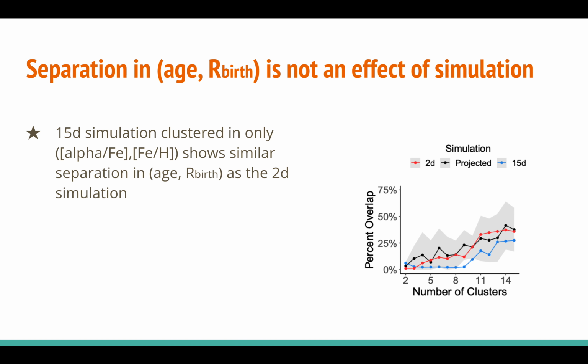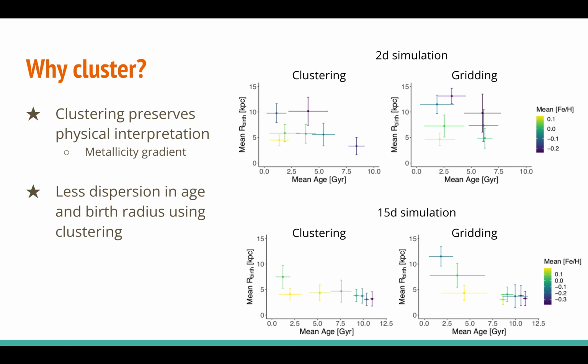Another question you might have is, why bother clustering? Why can't we just grid or bin in the magnesium and iron abundance plane and call it a day? The reason for clustering is that clustering preserves physical interpretations of these chemically similar groups.